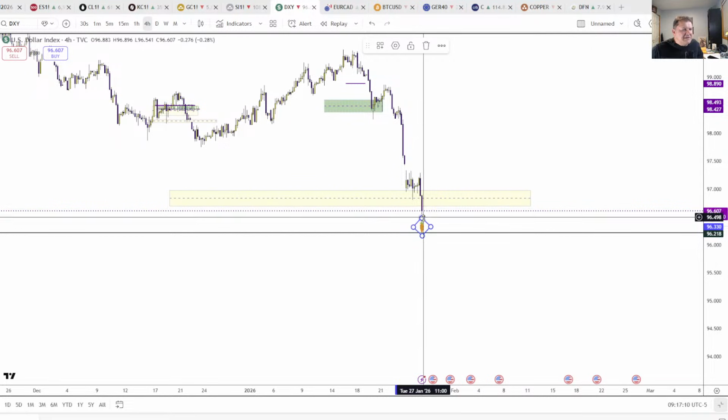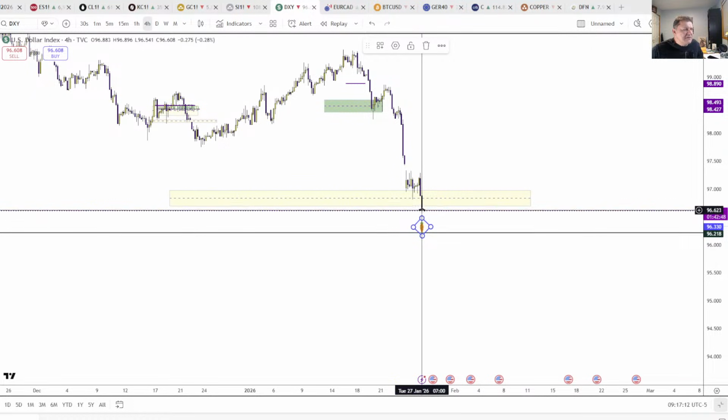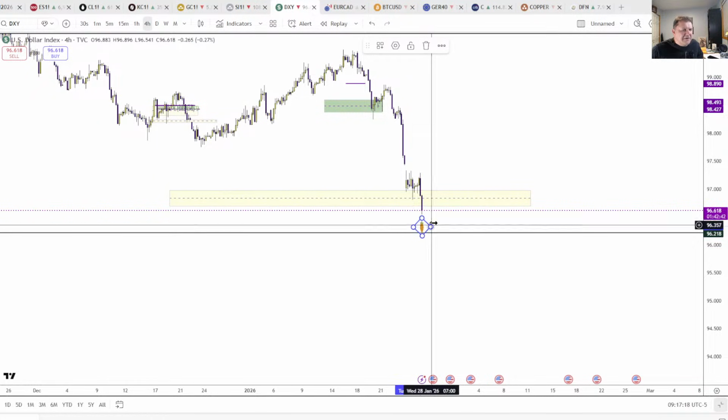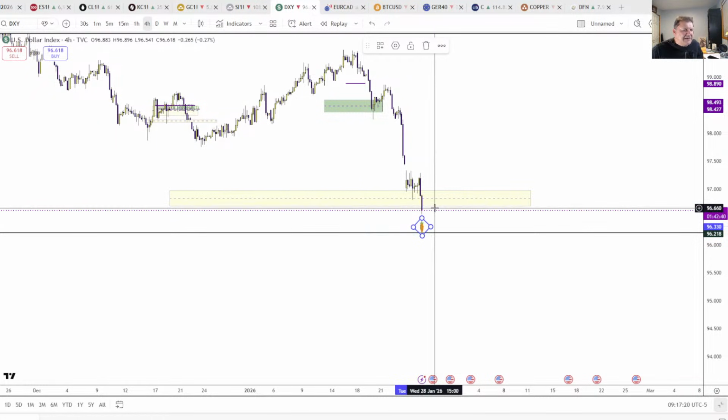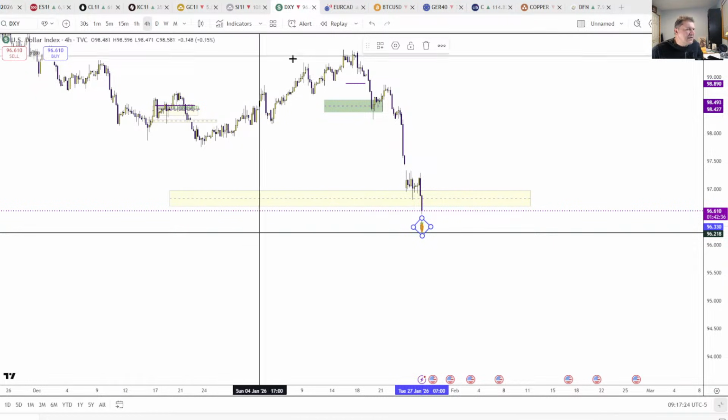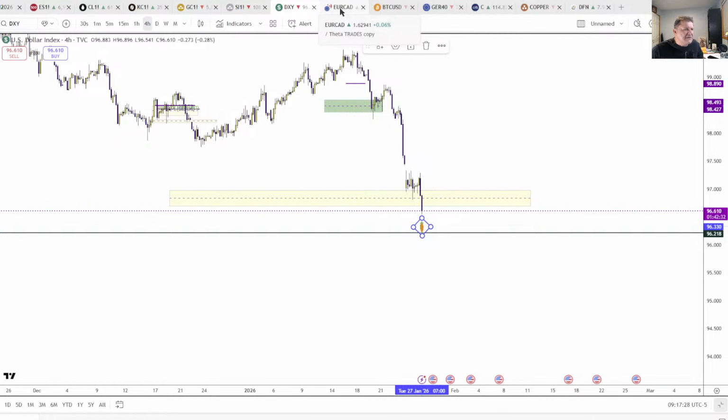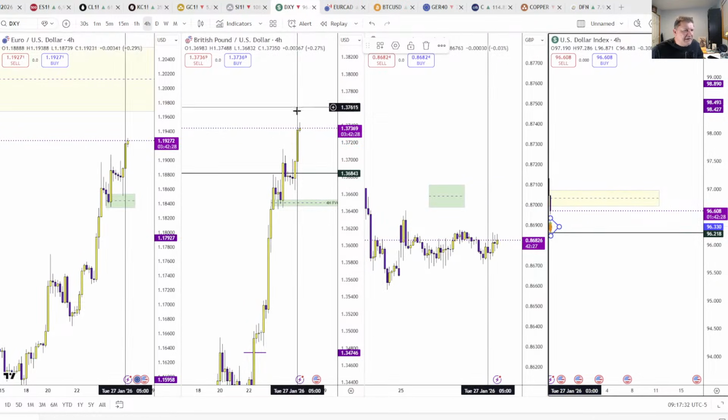And what you want to see is that this close here and then run back up like 50%, the 96, 484, and then run back up, tag this, and then send it lower. That's what I like to see. So once it gets down there, we're going to have a little run up.